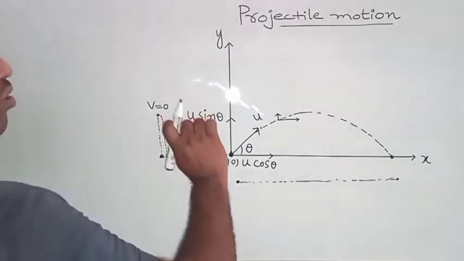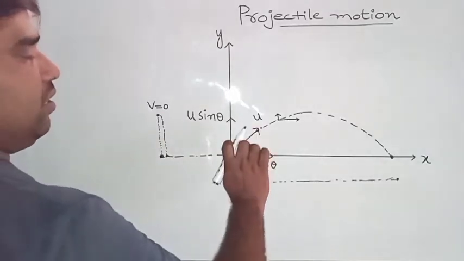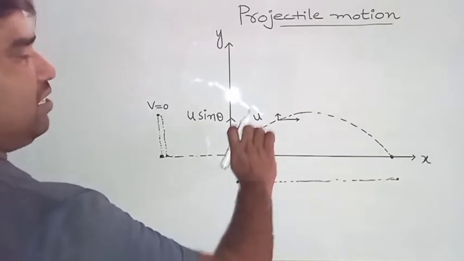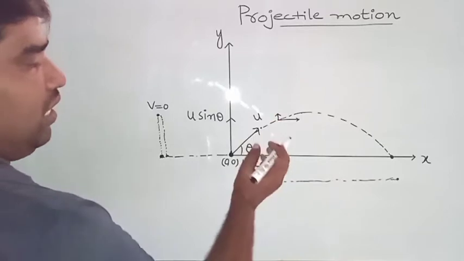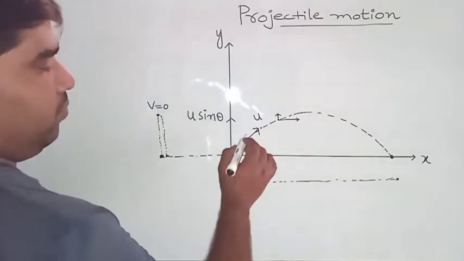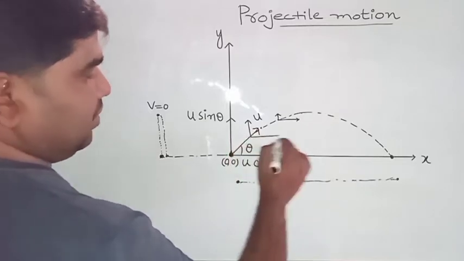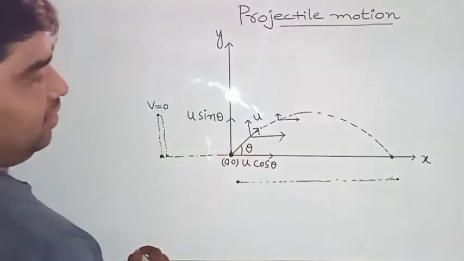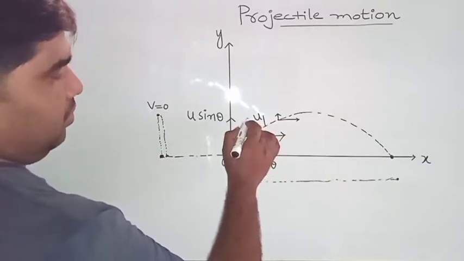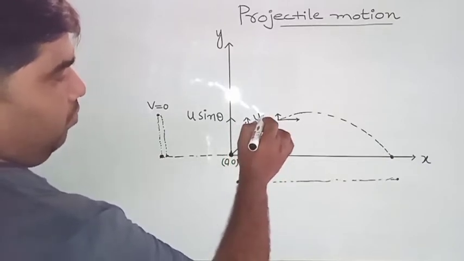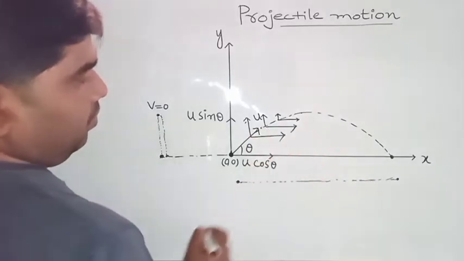Now, the projected object, when it goes upward, the vertical velocity goes on decreasing due to the gravitational pull. Here, you observe, this is the vertical velocity, this is the horizontal velocity. Now here, this is the vertical velocity, this is the horizontal velocity.